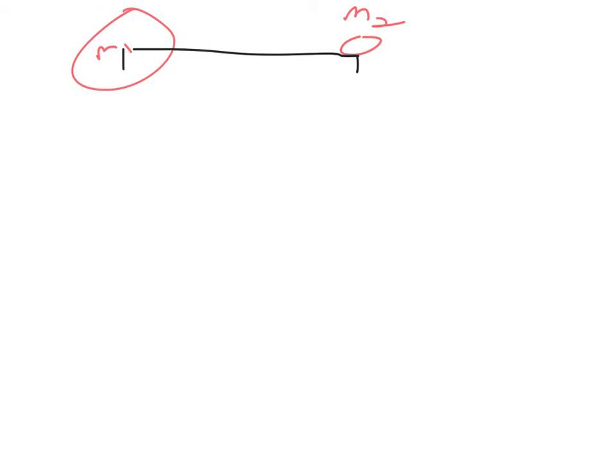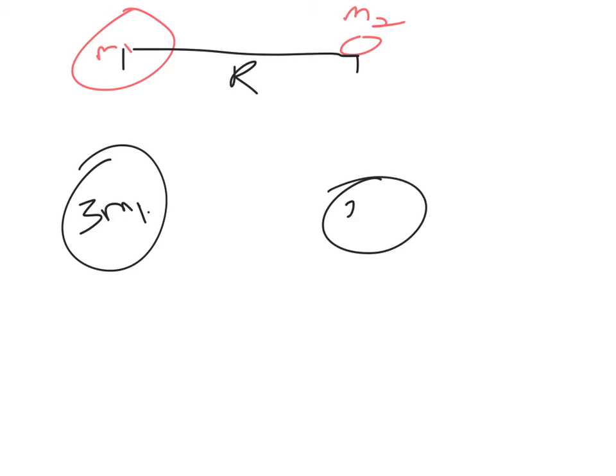Remember that distance is between the centers of mass. And let's say that a couple things happen, sort of without reason, but they happen anyway. The first planet triples in mass. So it is now 3 times m1, and m2 doubles in mass to 2 times m2, but the radius, I know this isn't to scale, is going to be a fourth of what it was before. They moved closer together.